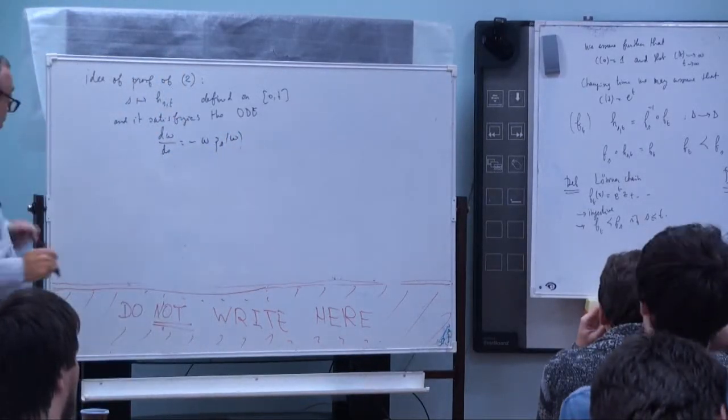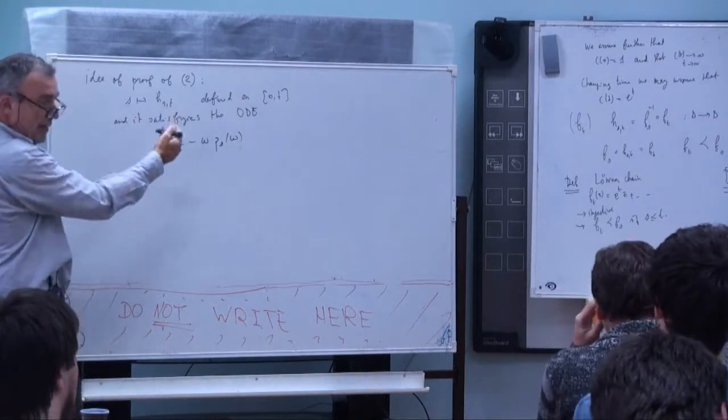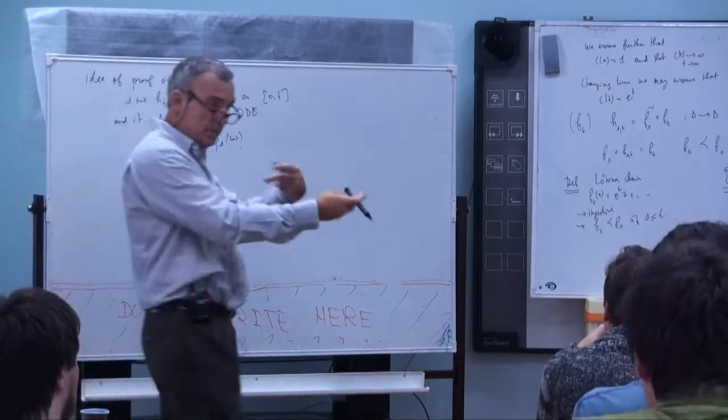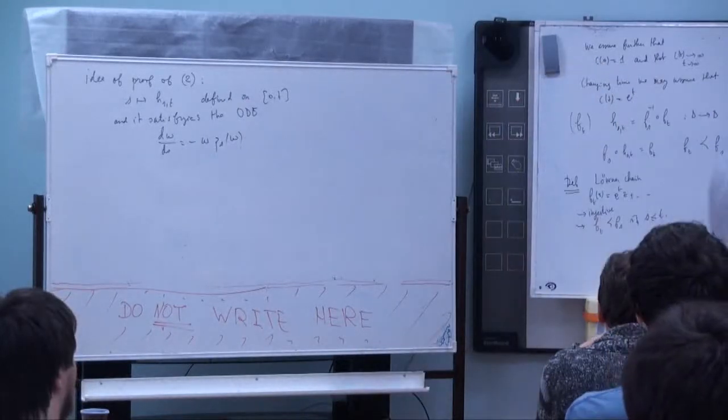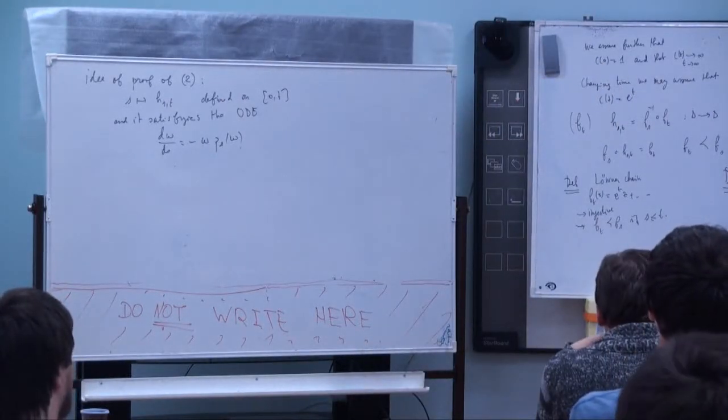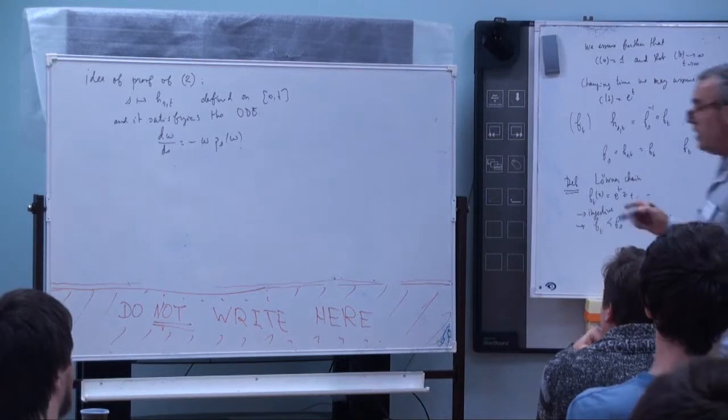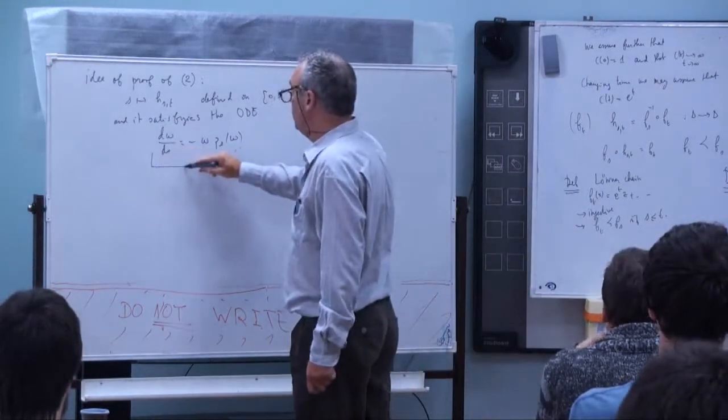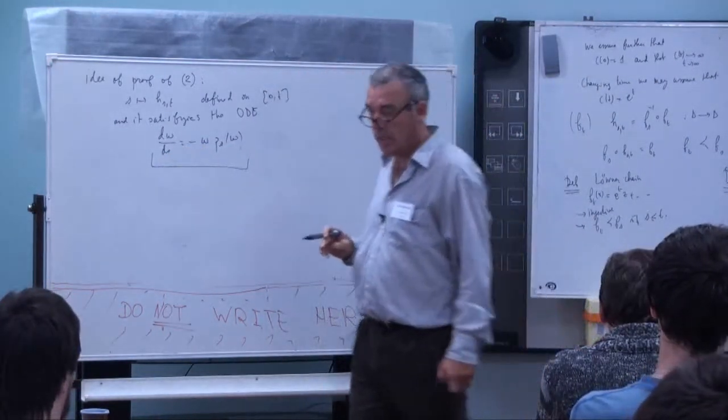If you differentiate h_{s,t} with respect to s, I don't do the computation, it is done in the notes, but it's very straightforward. Using this equation, you get this. So this is an ODE.